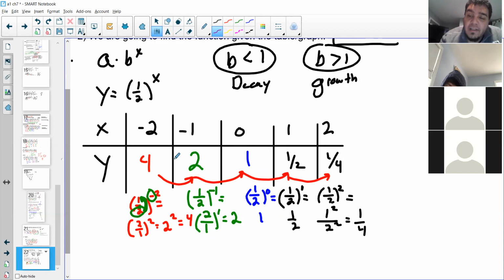What are you technically multiplying by? So the pattern you want to express is not divided by 2, it's being multiplied by 1/2. And that's the slight difficulty of it. You have to think about it as the pattern is being multiplied by 1/2.